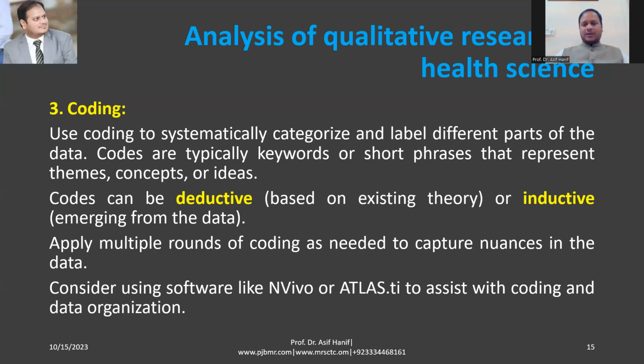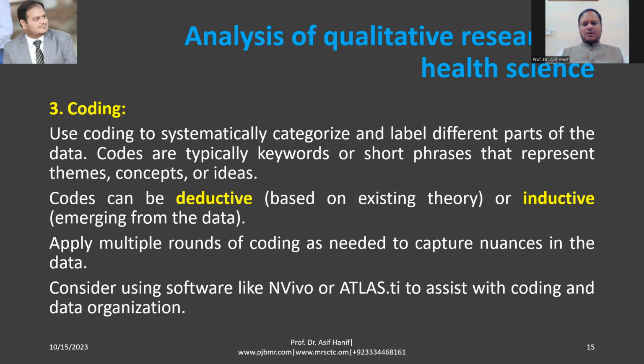Codes can be deductive, based on existing theory, or inductive, emerging from the data set. If you revise your previous lecture where we discussed the qualitative and quantitative differences, the major difference was the deductive and inductive paradigm of qualitative research. So apply multiple rounds of coding as needed.